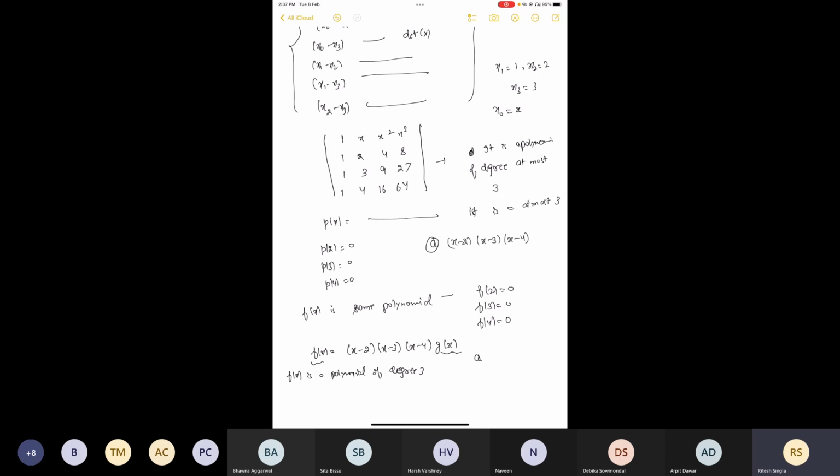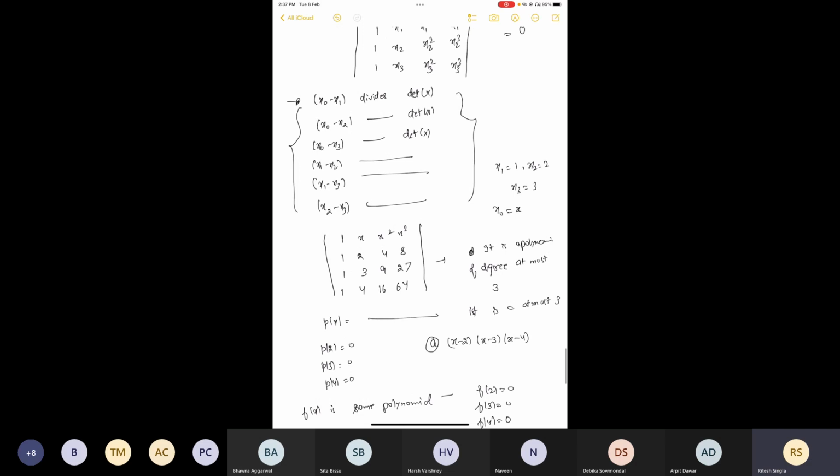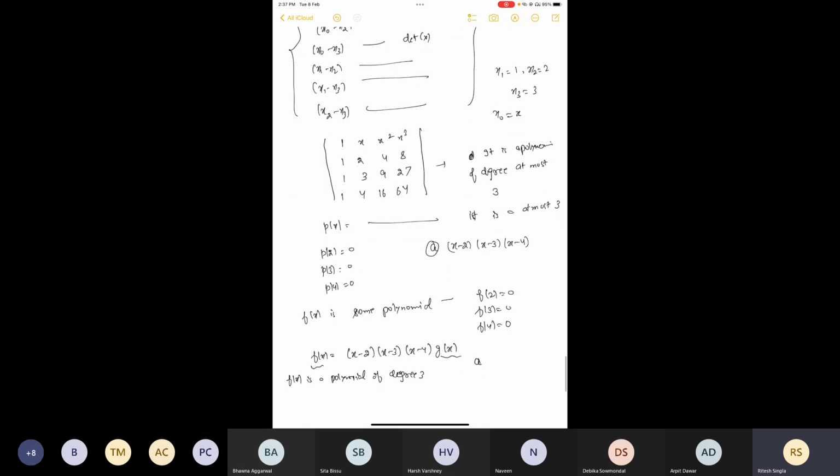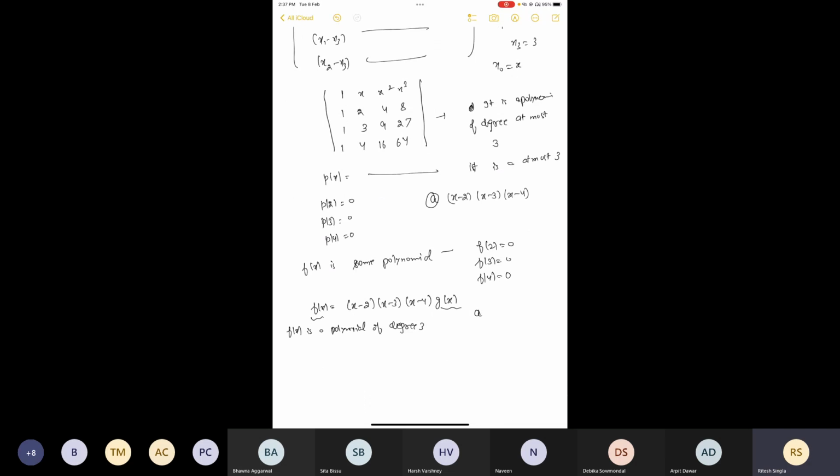So if you put x equal to something else, let me make it clear. We know that p(2) is 0, p(3) is 0, p(4) is 0, but p(x) is also 0 when I am solving the determinant.